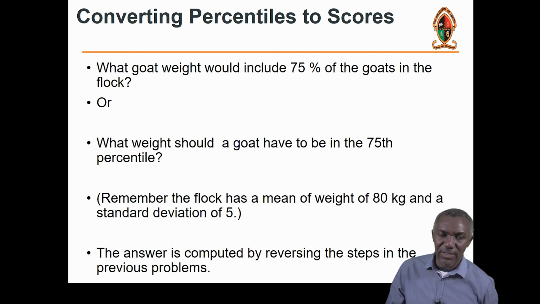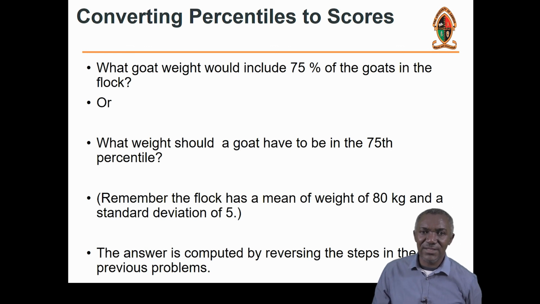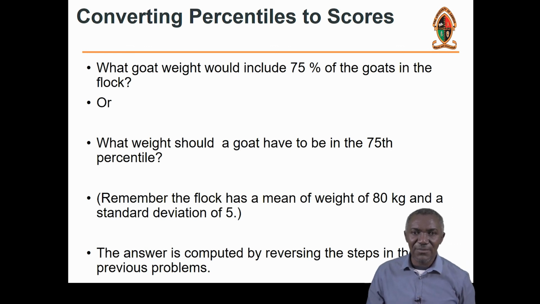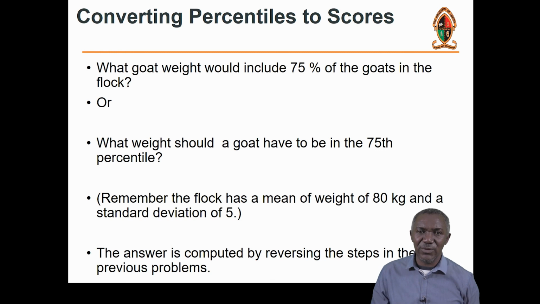Suppose we want to eliminate some goats and only leave 75%. So we have a goat population and we want to remove some goats and just leave 75%, and this elimination will be based on goat weight.